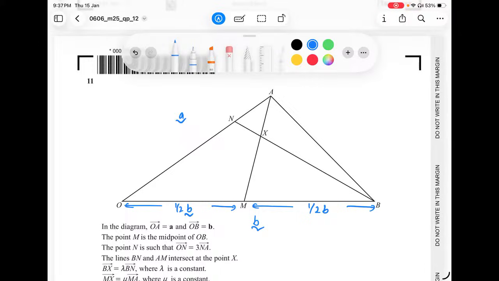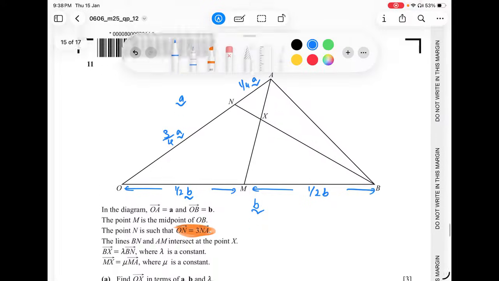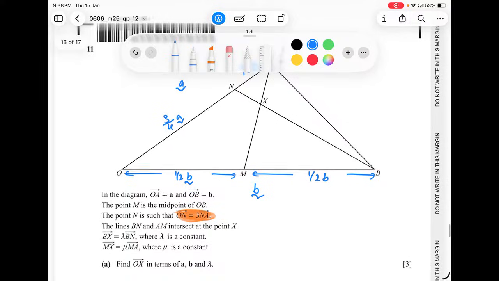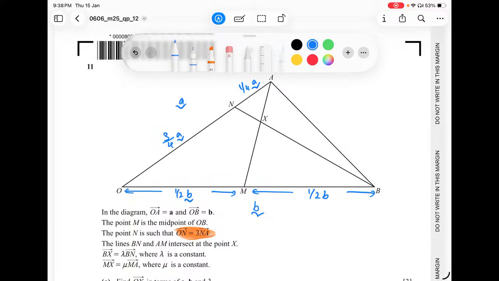The A is divided into 4 parts, and this is 3 parts of A, or you can say 3 by 4 of A, and this is 1 by 4 of A. So this information implies that you're dividing OA into 4 parts, and 3 parts belong to ON, and NA is 1 part. The lines BN and AM intersect at point X, as we can see in the graph.